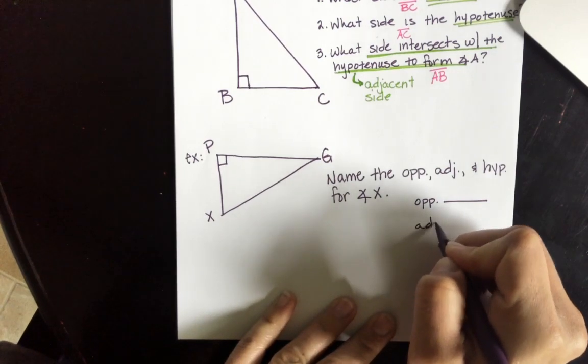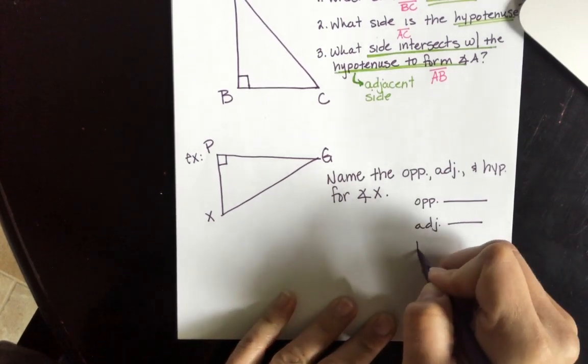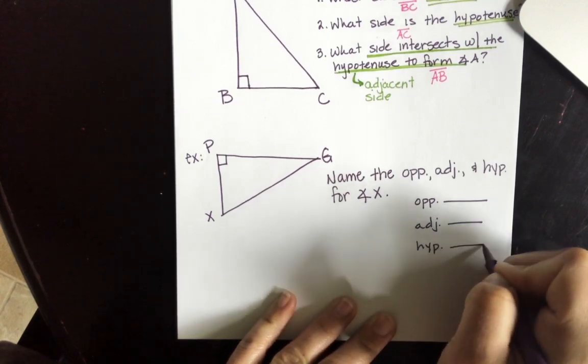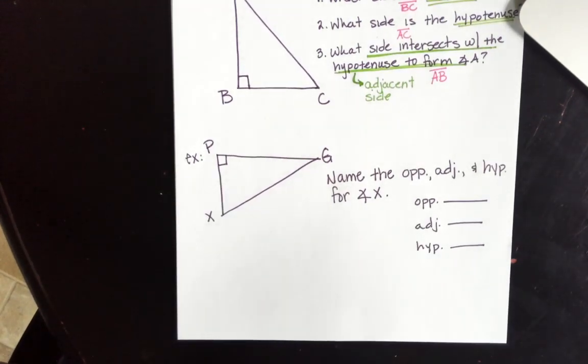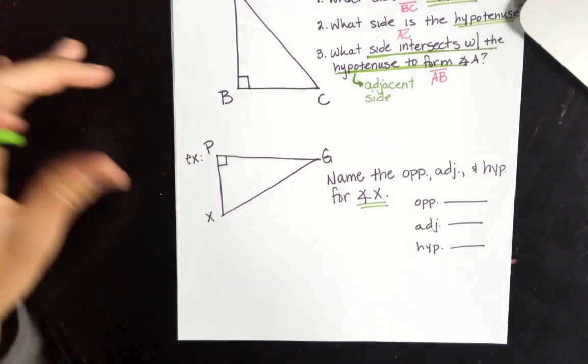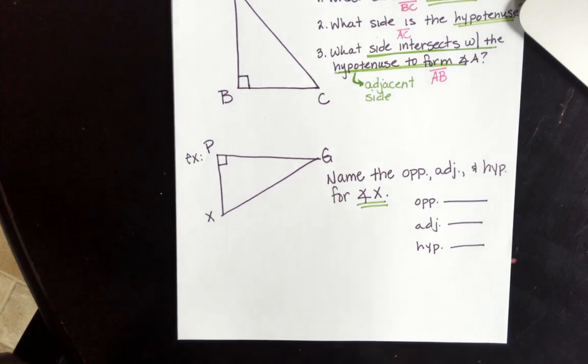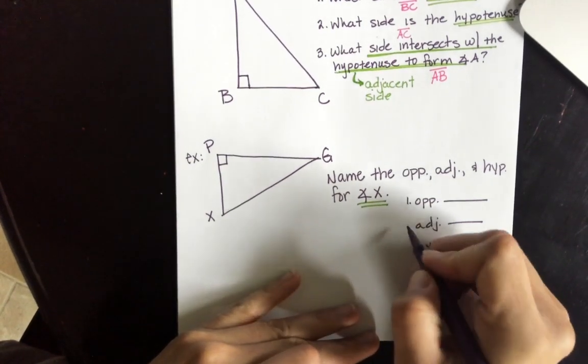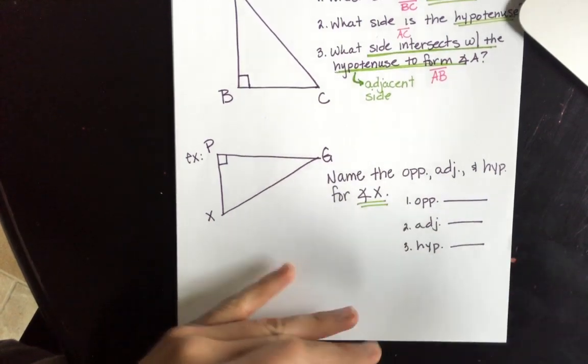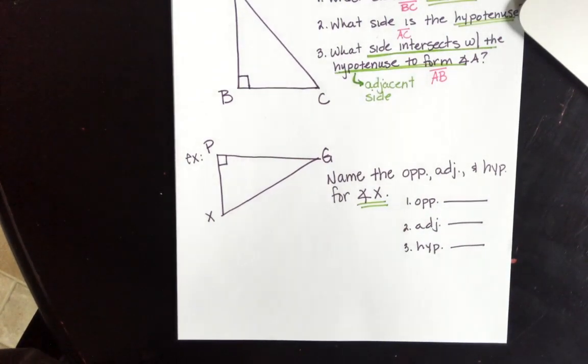What side is the adjacent side? And what side is the hypotenuse, from the perspective of angle X? So I suppose this would be 1, 2, 3.